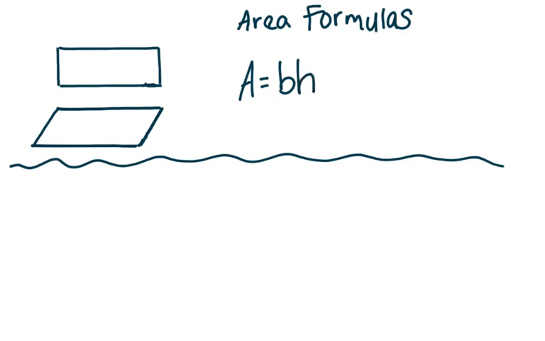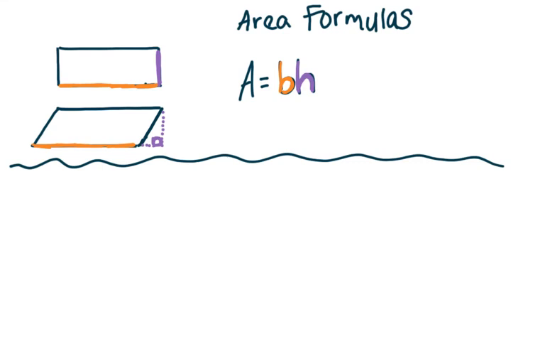In a rectangle, the base and height will both be a side. But in a parallelogram, one will be a side and the other one will be some other measurement from the inside or the outside that meets at a right angle.